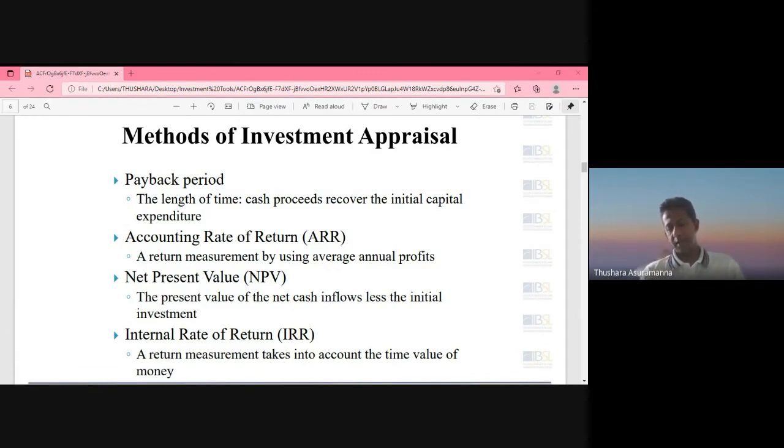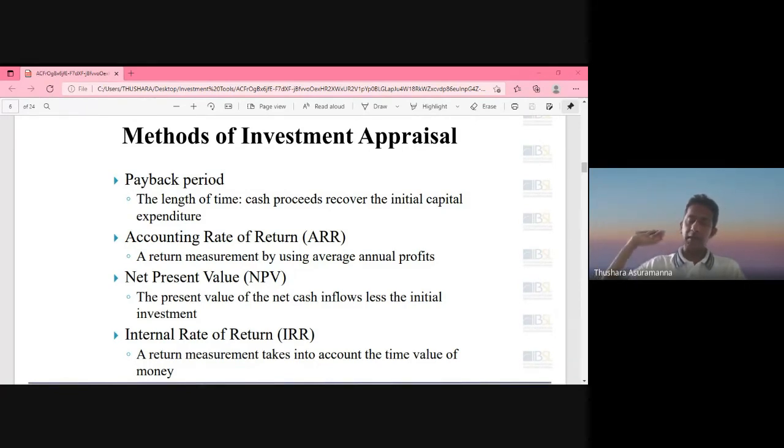For example, in the same example, I have 10 million. I invest it today, so 10 million goes out as cash outflow. No time value adjustment, because the time value factor is 1 as it is today. But when I invest that 10 million in the project, in year 1 I get 2 million, in year 3 I get 3 million, in year 4 I get something, 4, 5, like that.